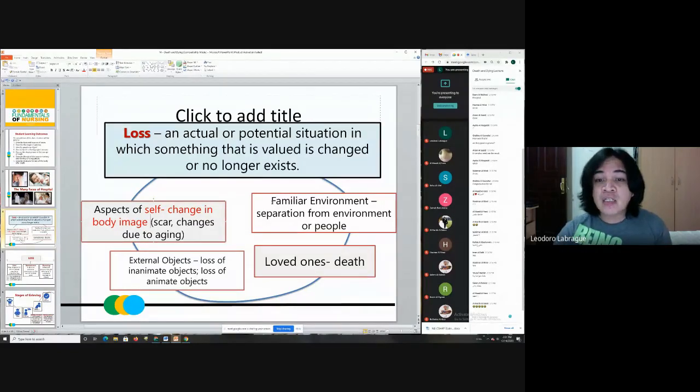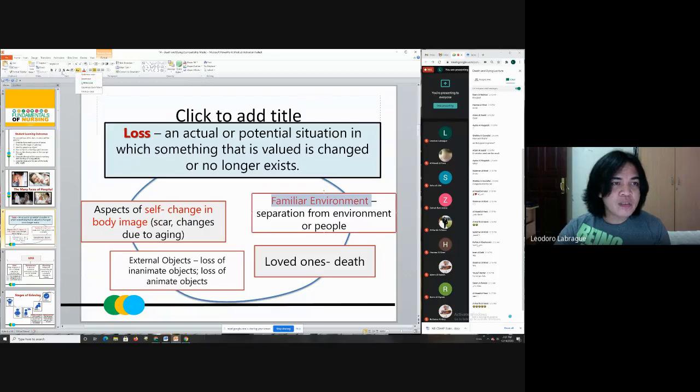It could be change in your environment as well. For example, you have been living in Miswa for 20 years and suddenly you have to move to Sohar. What do you feel? You feel sad. And that sadness is because of loss. And we call it loss related to environment.